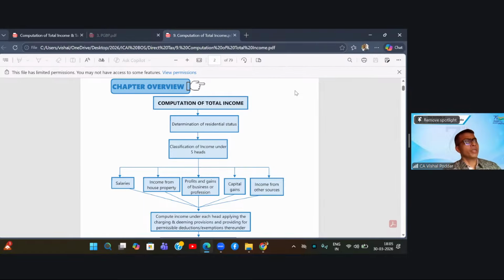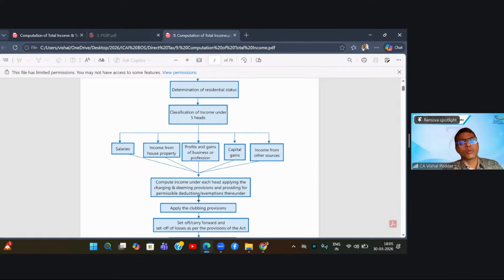This is how we determine the heads. Now, once you have determined the heads, you have to classify whatever receipts you are having into those 5 heads and apply the computation provisions of each of these 5 heads. After you apply the computation provisions, you decide what deductions will be allowed or not allowed under each of these heads.